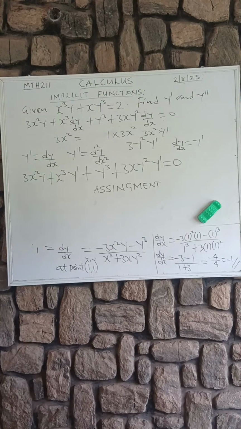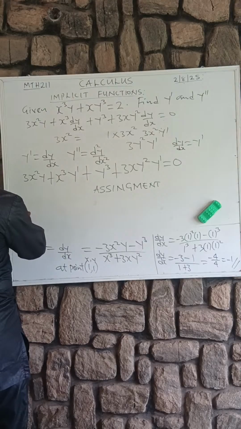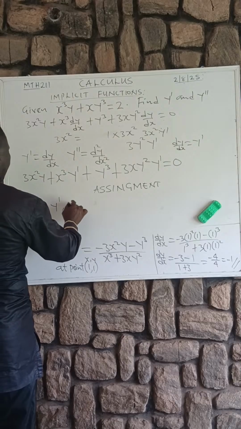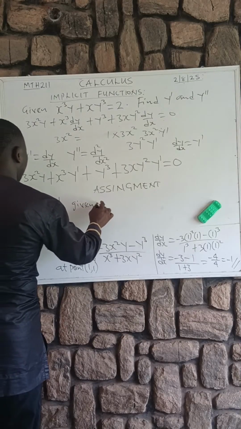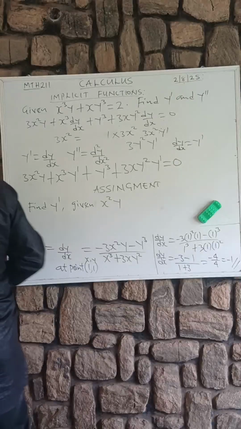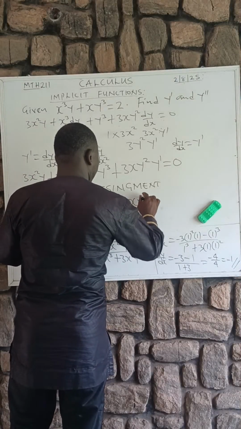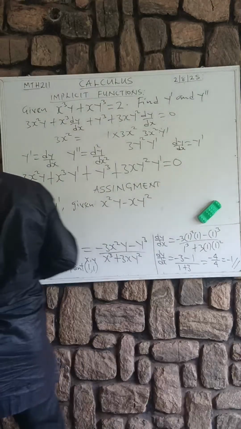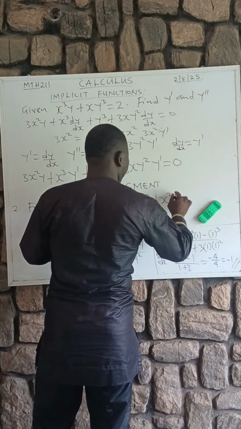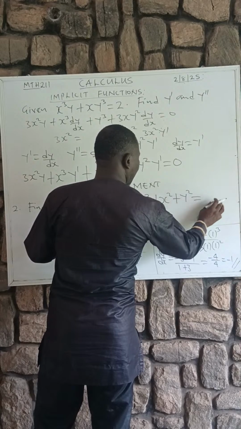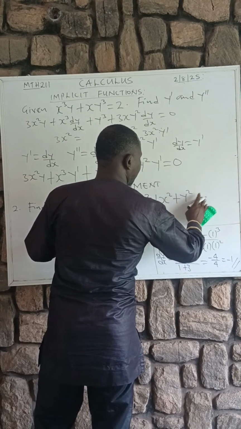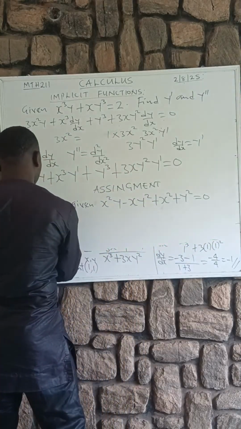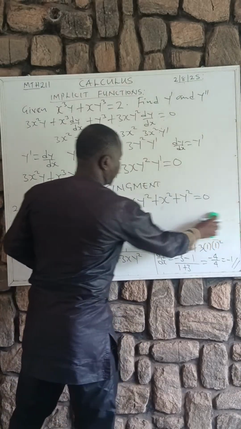Assignment 2. Find y prime given minus xy squared plus x squared plus y squared equals to 0. Right? Okay, yeah, equals to 0.